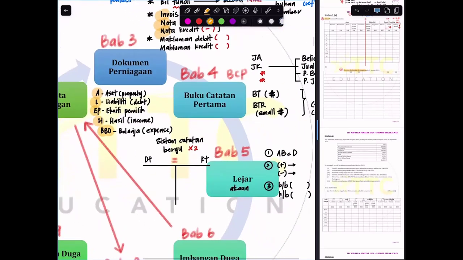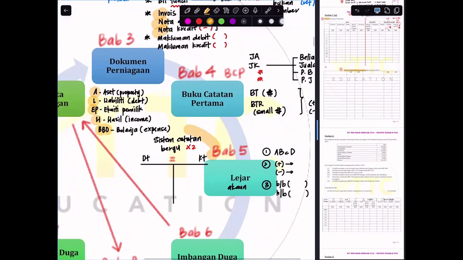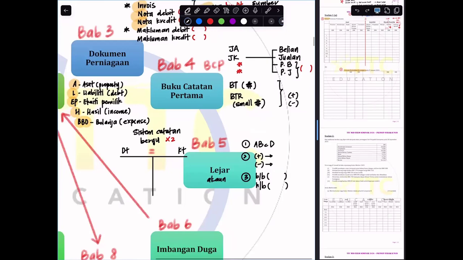That you are going to arrange all these 5 items into either debit or credit side. How to arrange? No matter what the scenario, what the situation, what the transaction, how to find out debit and credit, always refer to these 3 sentences. Yes, ABCD. A stands for asset, B stands for belanja, C, you saw it in smaller letter, right?